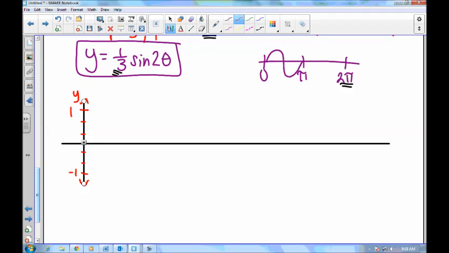Okay, your theta axis will be the same, so copy what you have above.